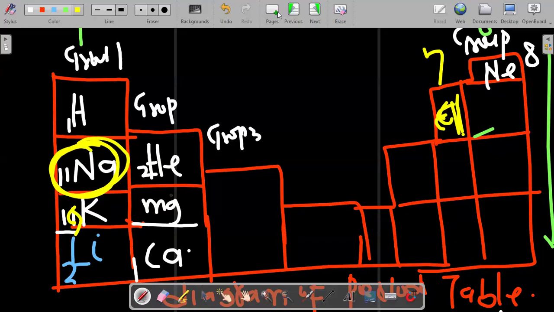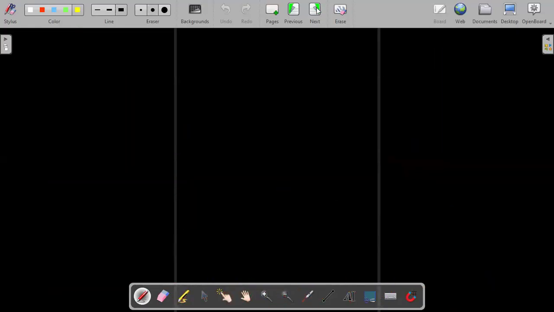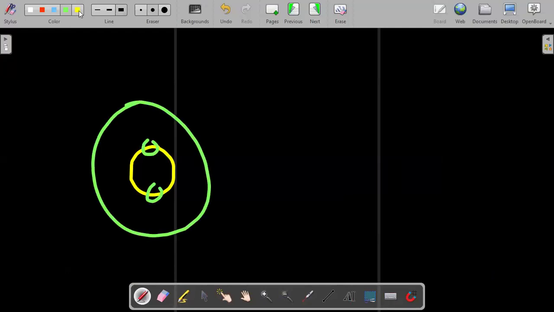So let's start from group 1. There's another thing I want you to know. If an element has this, how many electrons? You will tell me the number of electrons. Let me call this one number 1. Let me draw another one. This one has 2.